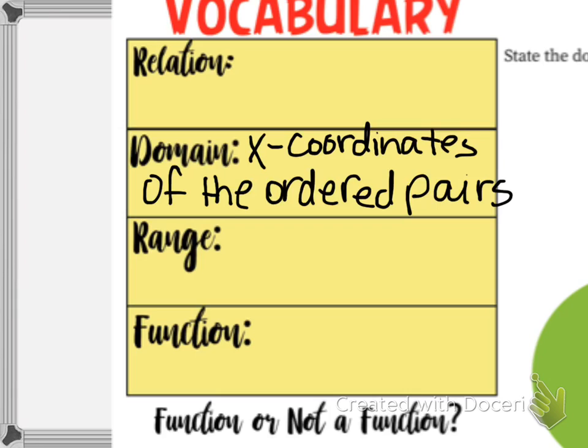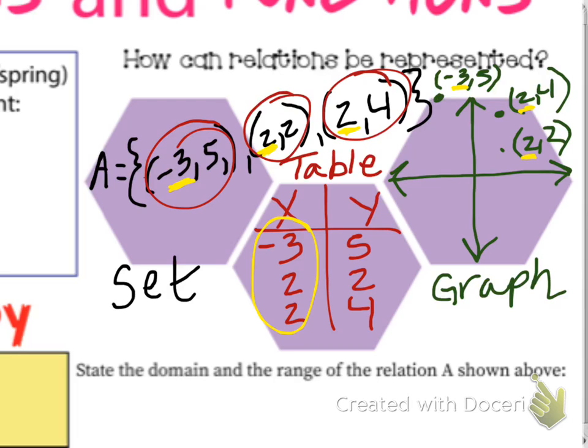So as far as your vocabulary goes, the domain is the x coordinates of the ordered pairs. So when I say, what's the domain? You're looking for the first element of every ordered pair, or the x coordinates from every ordered pair.